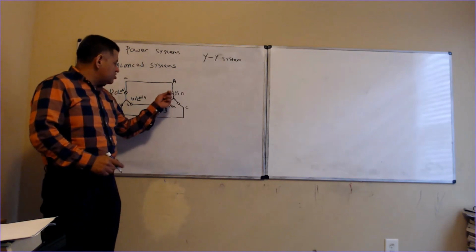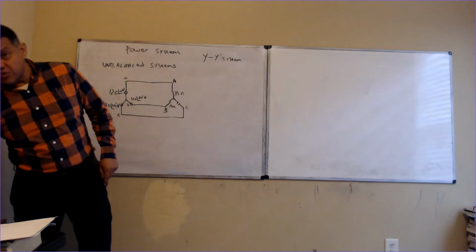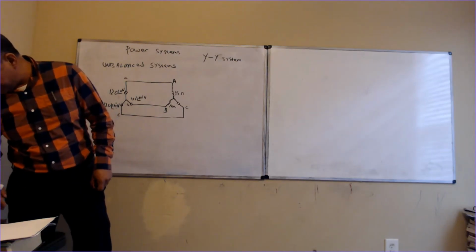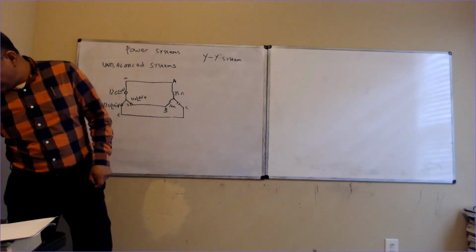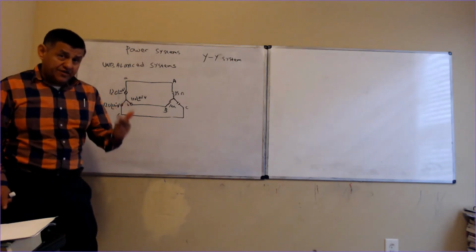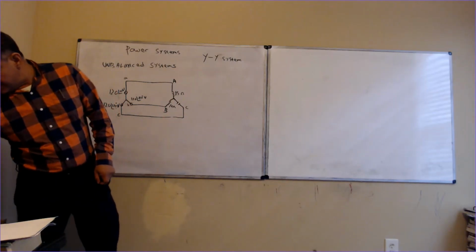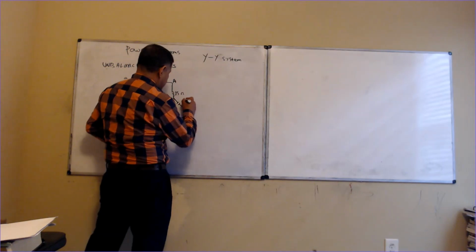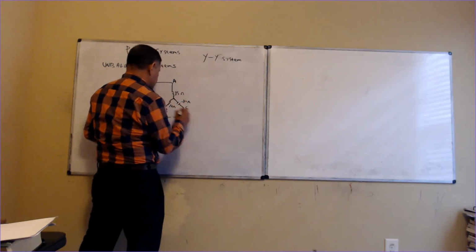We have an inductive load and a capacitive load, so that's why we're dealing with impedances instead of resistances. In other words, we have inductive reactance and capacitive reactance, and this is going to be minus j10, which is the capacitor, in ohms.